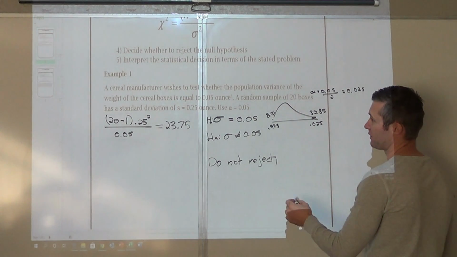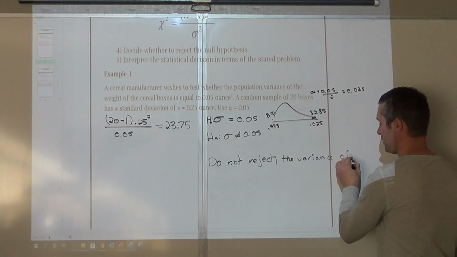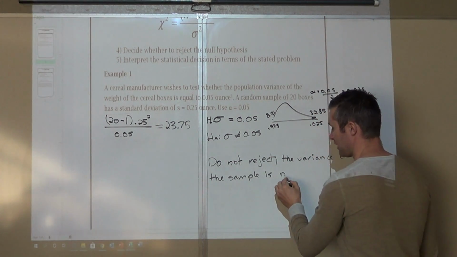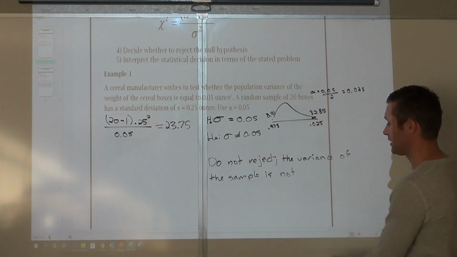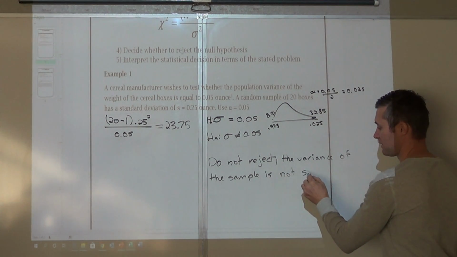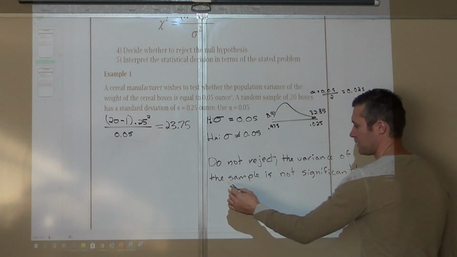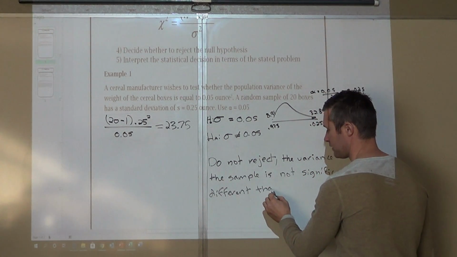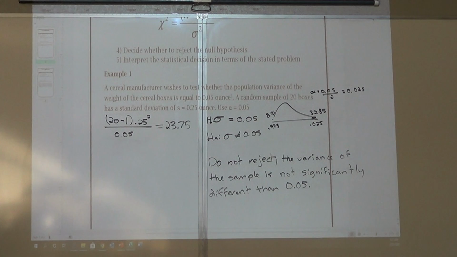So the variance of the sample is not significantly different than 0.05. The evidence suggests there is no significant difference between those two values.